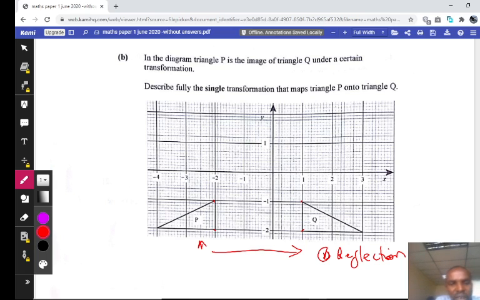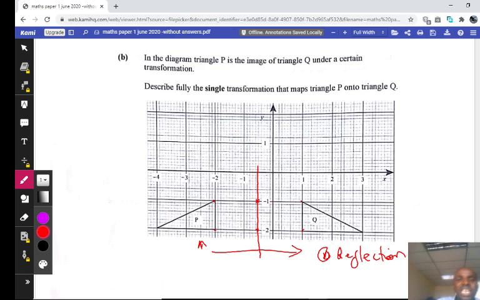We have three boxes, so if you count one box and a half, that will be the position where your mirror line is. It will be here, and also here. This is your mirror line.